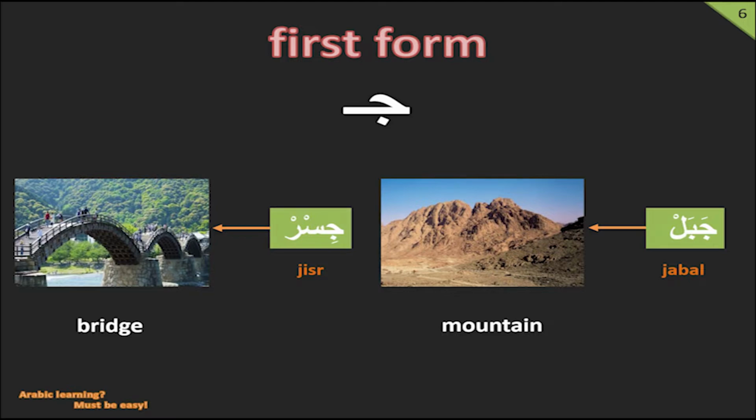Jabal means mountain and the mountain would be Al-Jabal. And the second example, the noun Jisr. So kasra under Jim, sukun on Sin and also on Ra. Jisr means bridge. The bridge will be Al-Jisr.